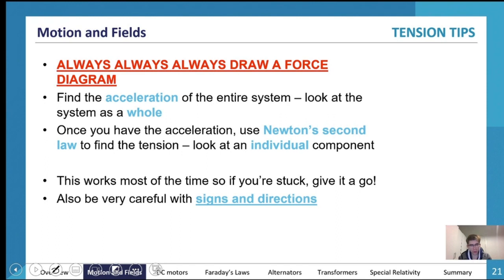So always use a force diagram. Always draw a force diagram when you're dealing with tension questions. For example, a pulley system or a spring system, those are the ones that usually ask tension questions.